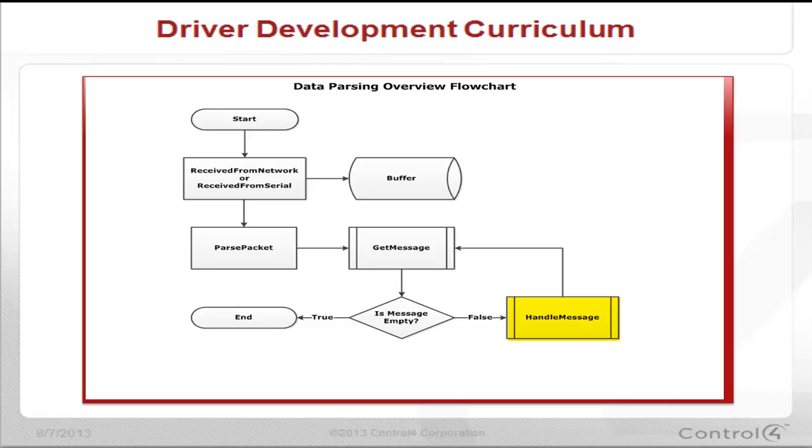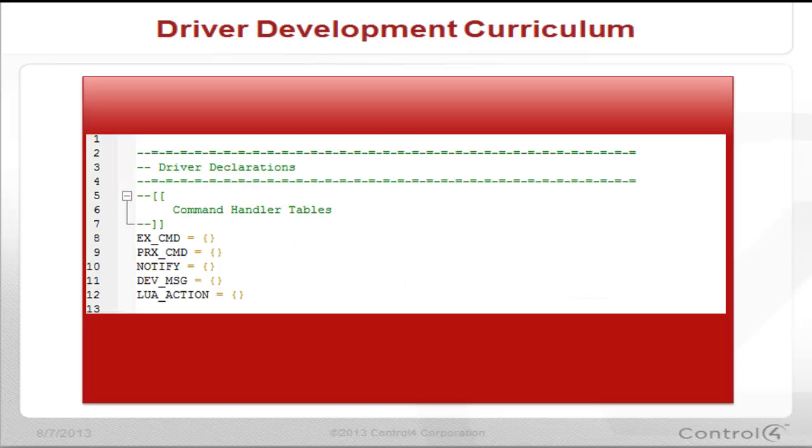Before we get into the details surrounding the handleMessage function, it will be worthwhile reviewing some of the concepts that we discussed in our previous video, Structuring Data Correctly. Particularly, the concept of using tables to manage not just values, but also to store functions.